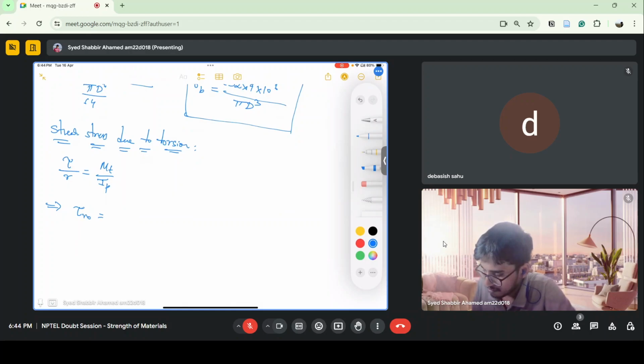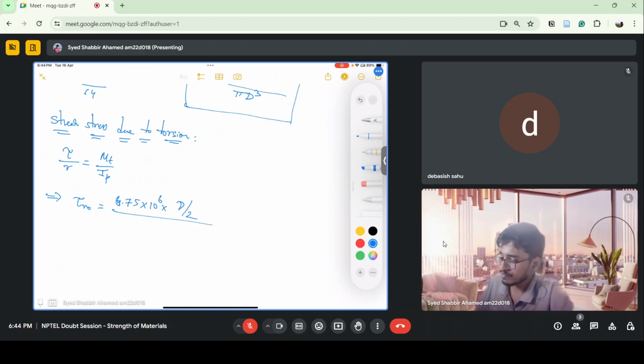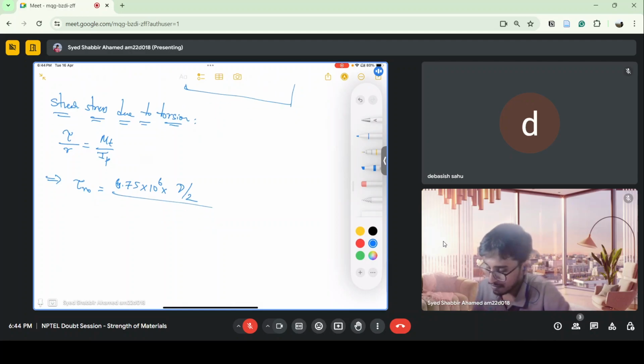We have this as 6.75 kilonewton meter, so I will convert this into Newton again. R is the maximum distance, so at the extreme periphery of the cross section, we have the maximum shear stress.